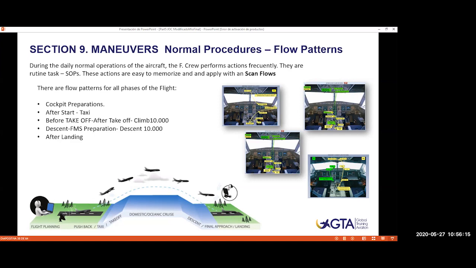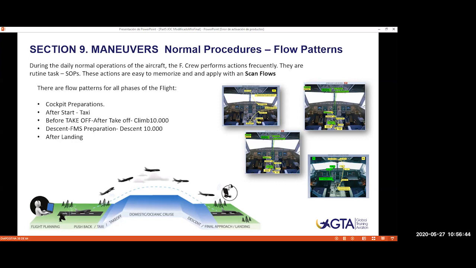You enter the aircraft and you are going to perform actions frequently. And also, these actions are routine tasks, something that you do every day in the same way in a normal operation. We can call them standard operational procedures.